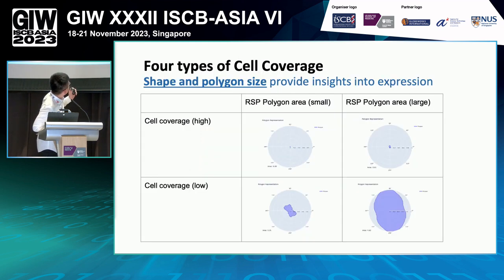So we have noticed that with RSP, the radar scanning plot, we have produced 4 types of visualizations that are indicative of cell coverage. Over here, we have the first one in which we have an even distribution and a high cell coverage.